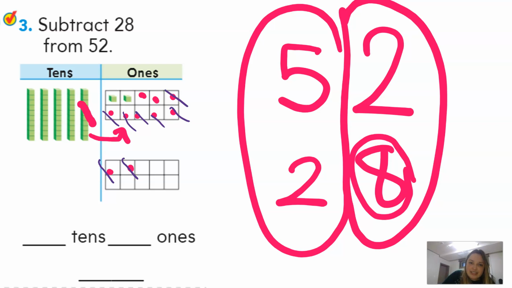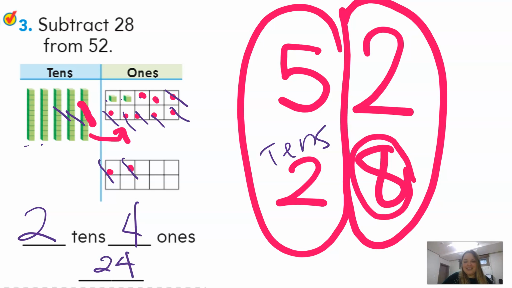And 2 tens. 1, 2. There we go. So now I am left with 2 tens and 1, 2, 3, 4 ones. So 2 tens and 4 ones is equal to 24.